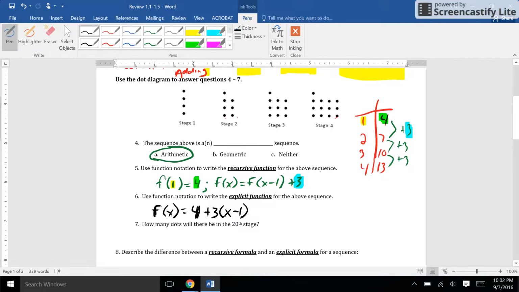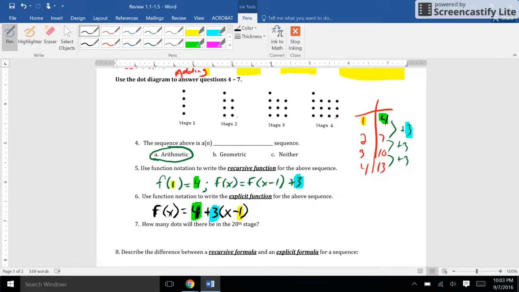So let's take a look at where this came from again. The first term, that's right here. The plus 3, that came from right there. And the 4 was right there. So that's our explicit function.